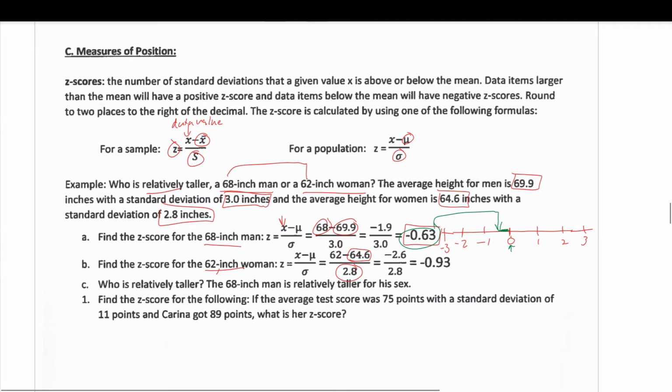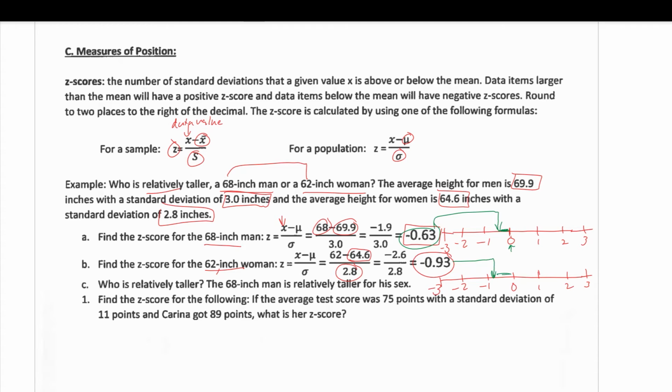Now, in this case, we have a z-score of negative 0.93. And again, on the same scale here, if we have 0 here, negative 1 here, negative 2 here, negative 3 here, and 1, 2, 3, this z-score of negative 0.93, it's pretty close to negative 1. I would say it's somewhere around there.